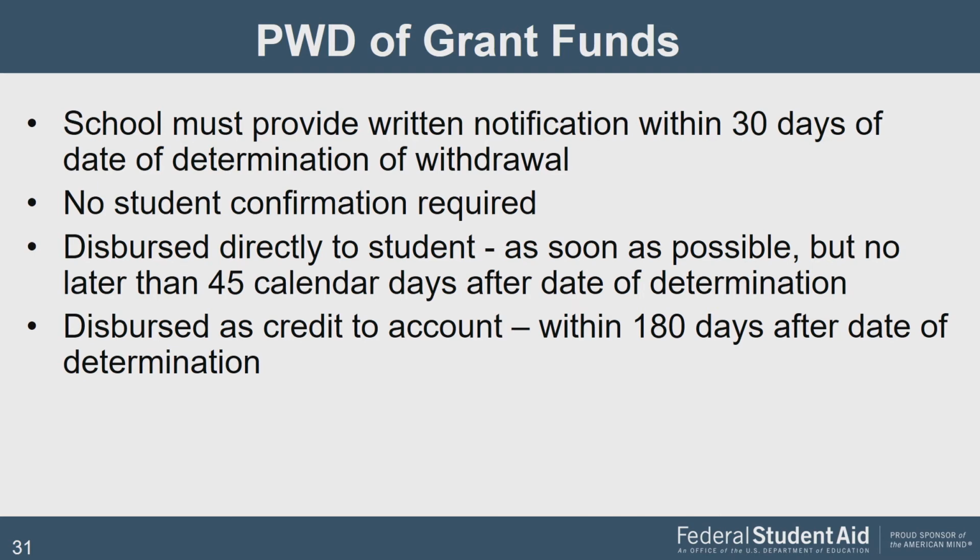You're disbursing directly to the student, but no later than 45 days, and that's calendar days, after the date of determination. And you're disbursing as a credit to the account within 180 days after the date of determination. Again, these are the normal R2T4 deadline dates, so nothing is new here.